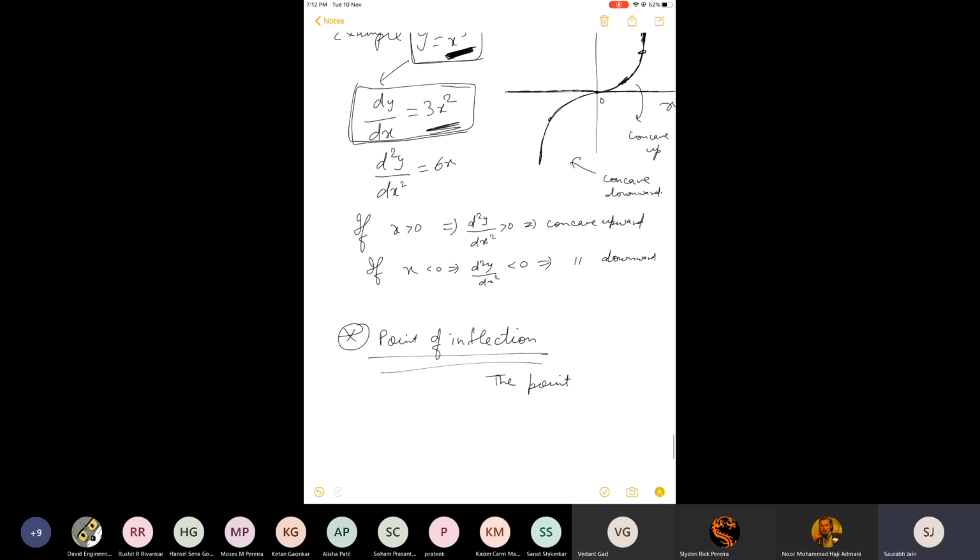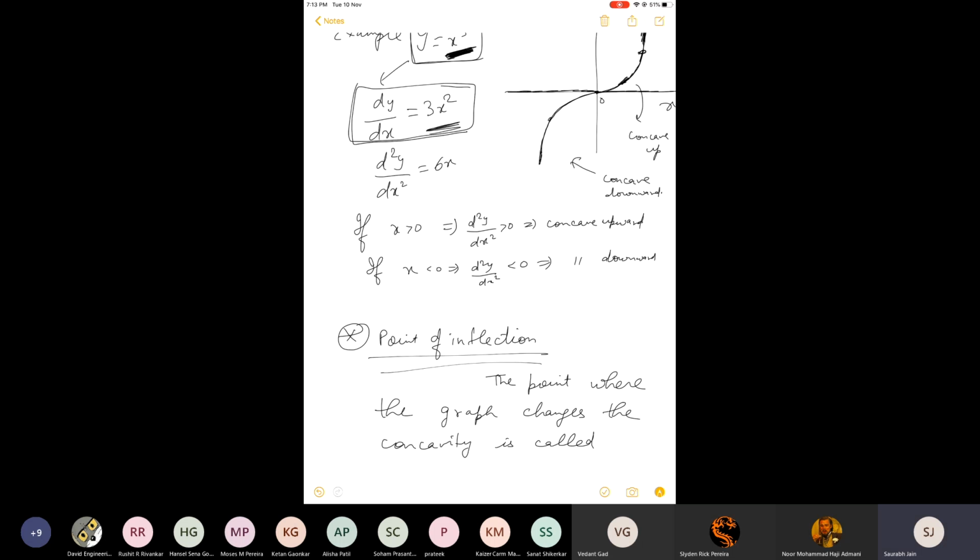But if you need to draw the graph first, the point where the graph changes the concavity. Changes the concavity means in sense of up and down. It's called point of inflection.